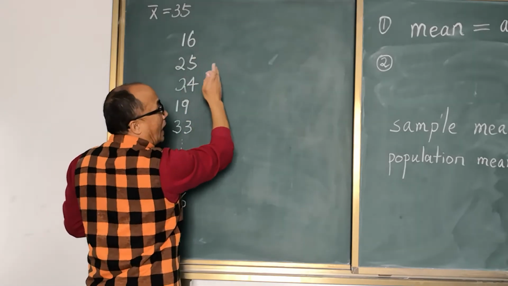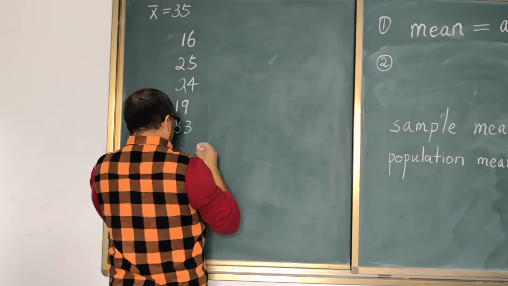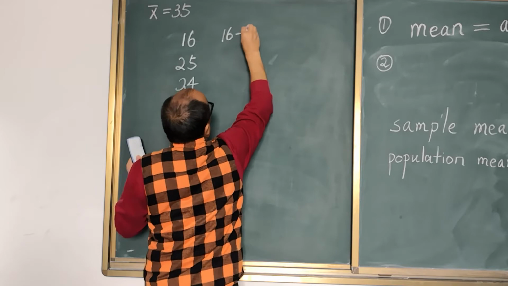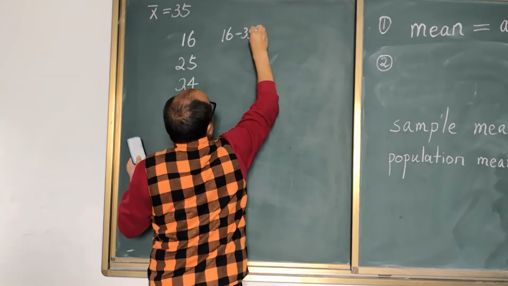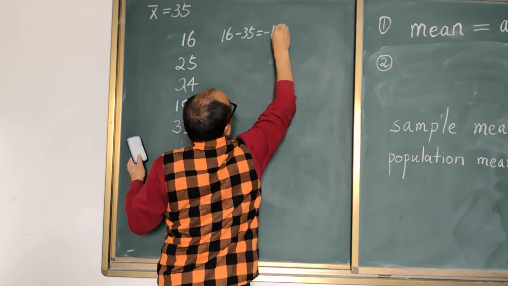So we want to calculate the difference. Here is a 16 minus 35, which is minus 19.